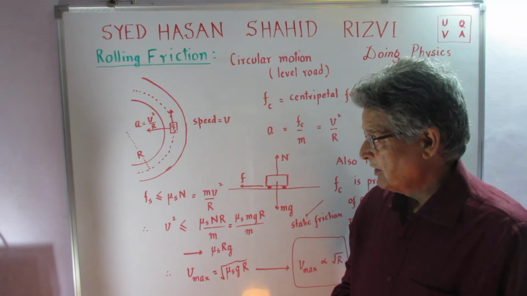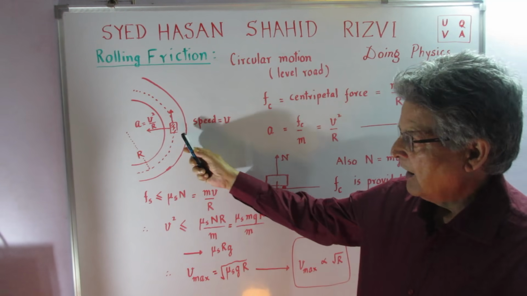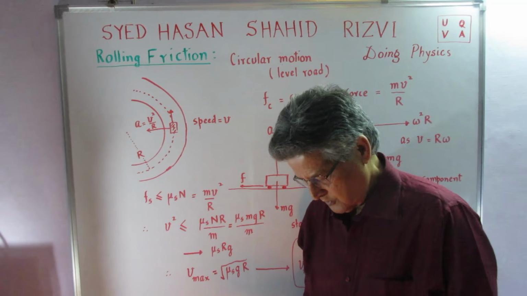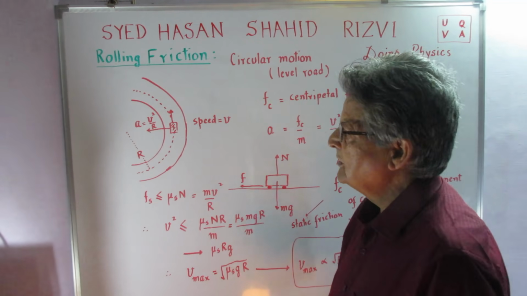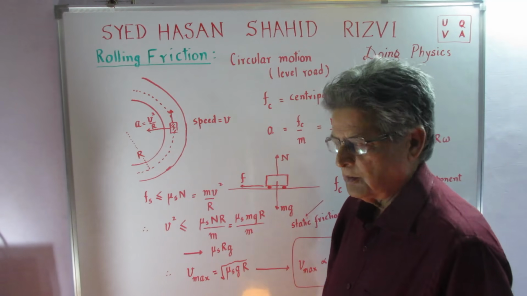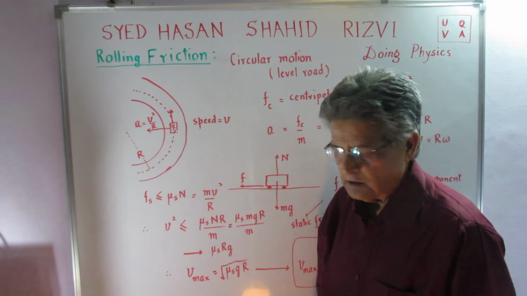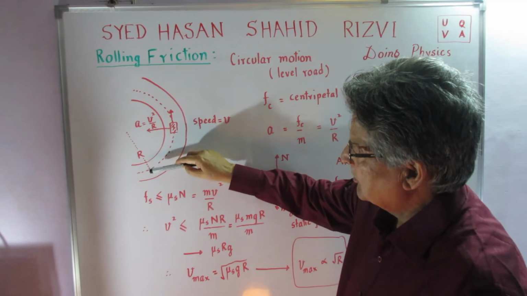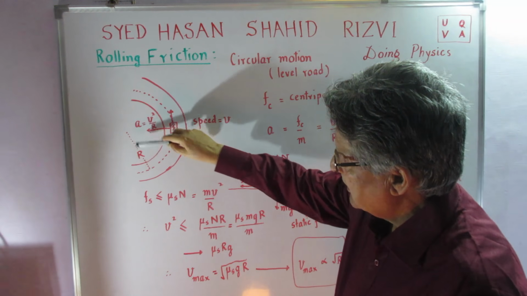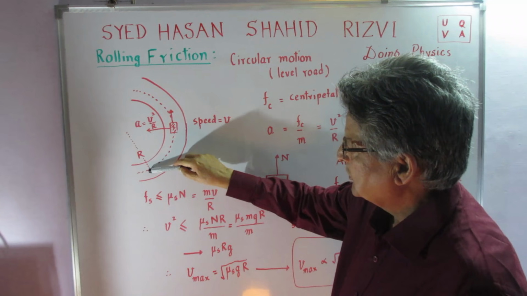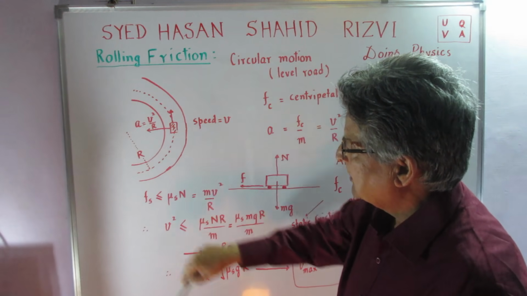And for changing the velocity vector, a force is required, some kind of effort, which should be perpendicular to the direction of motion of the vehicle. The motion has a radius of capital R from the center to this point on the path that the vehicle is taking.